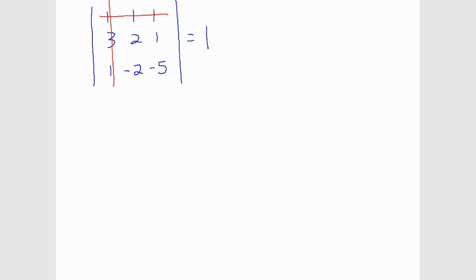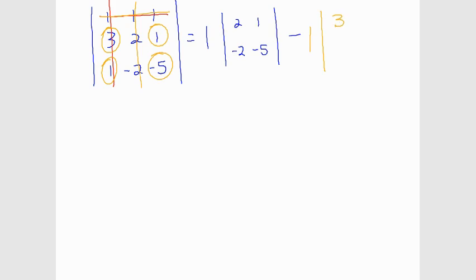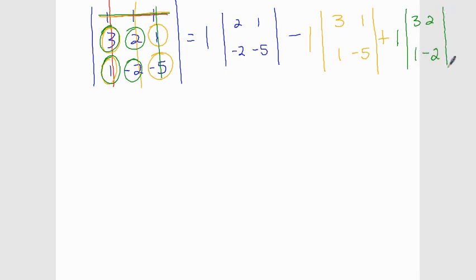So this is equal to 1 times the 2 by 2 determinant of 2, 1, -2, -5, minus 1 times the determinant of 3, 1, 1, -5, and then plus, we'll use our last one to get 3, 2, 1, -2. So we got 1 times the 2 by 2 determinant of 3, 2, 1, negative 2.